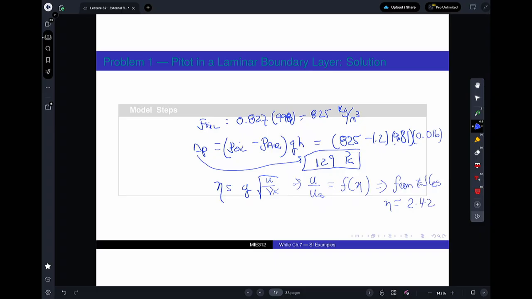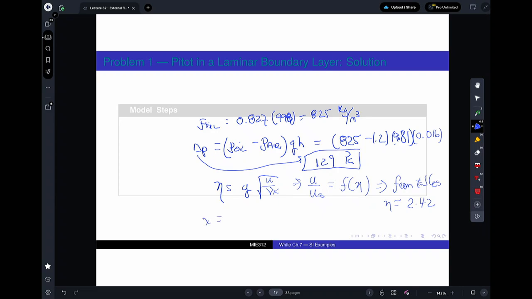So you're just trying to figure out what the height is. You're doing a length term, and that length term is going to be associated with your boundary layer.